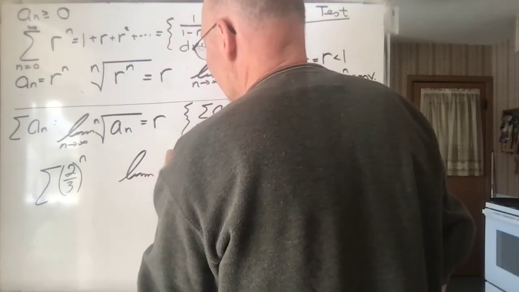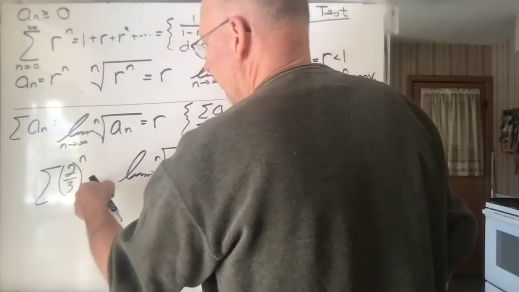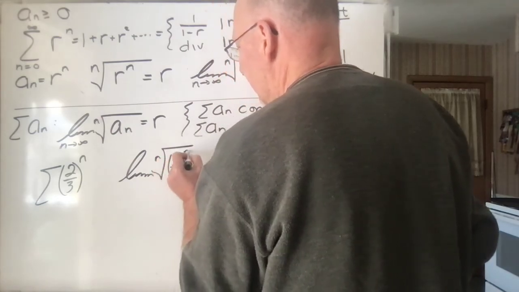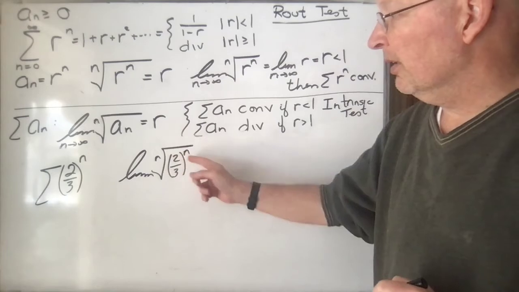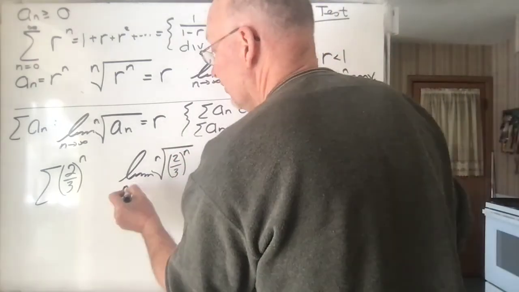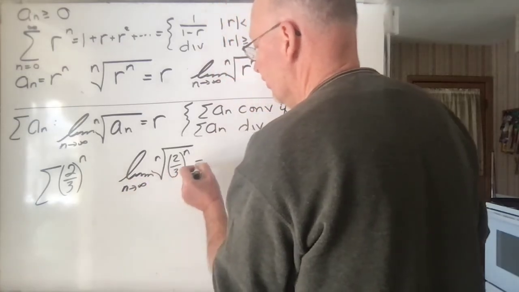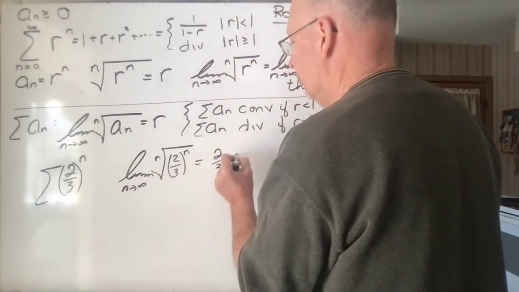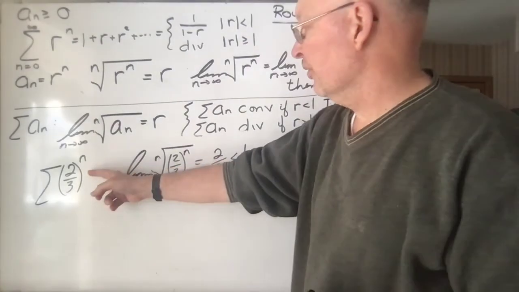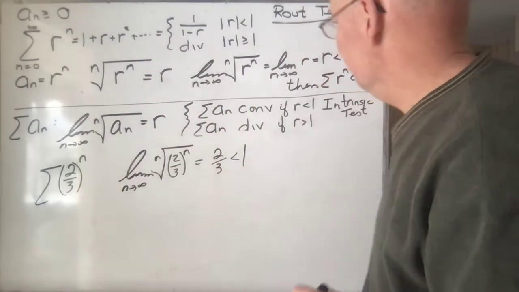It says I take the nth root of this nth term, and of course these two n's, you take the nth root of something to the n power, and they just undo each other, and you're just going to get 2/3, and 2/3 is less than 1, and so this thing converges, as we already knew.